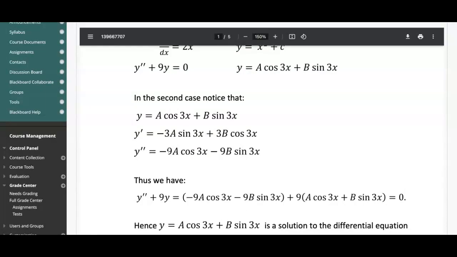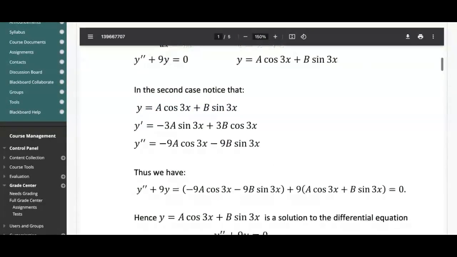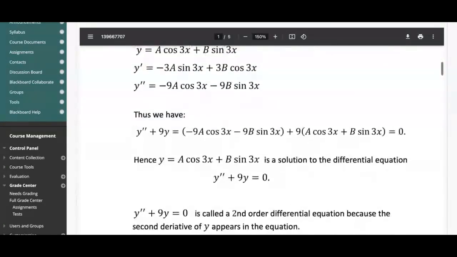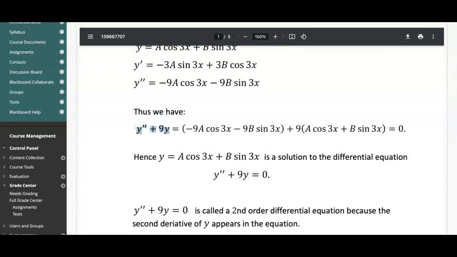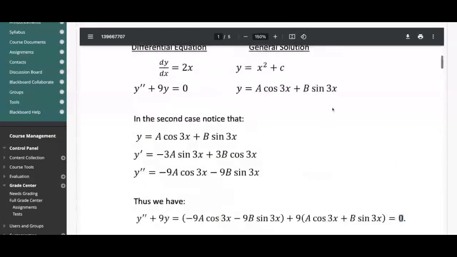And we see this is exactly negative 9y, if we factor out the negative 9, open parentheses, we have a cosine 3x plus b sine 3x, which is y. Or we can write y double prime plus 9y equals 0, which is the equation given.